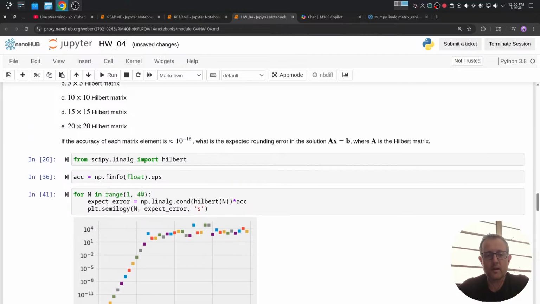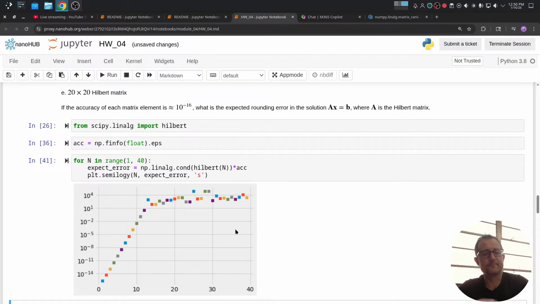Like a 39 by 39 Hilbert matrix, the numbers are all so small that by the time we try to calculate the condition number, it just becomes large. So we're limited: 10 to the 4 is as good as we can get. I saw some people build this graph, and I wanted to share why this thing starts leveling off. It really would keep increasing if we had unlimited bits to store information.